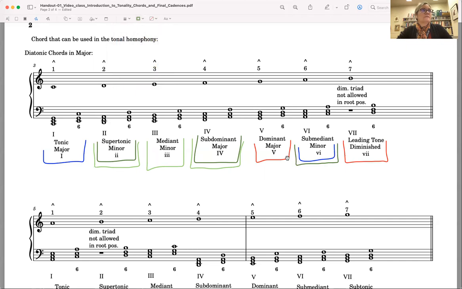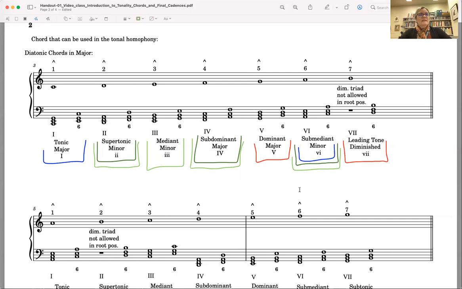Okay, so our submediant actually in some ways is both a predominant and elaborative chord, as well as the tonic. So it can sometimes be the tonic. So that's what it looks like in major.